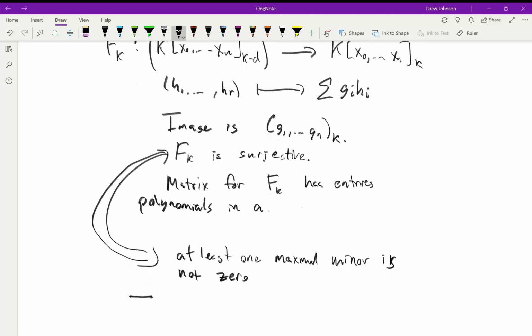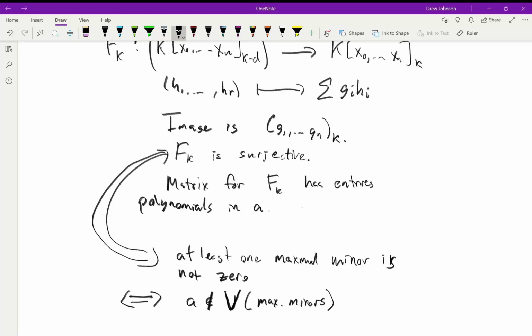In other words, we need to say that A is not in the vanishing set of the maximal minors, because the entries of the matrix are polynomials in A. So if you take a maximal minor, that will again be a polynomial in A. So it makes sense to say that A is not in the vanishing set of the maximal minors, and that's equivalent to the map being surjective.